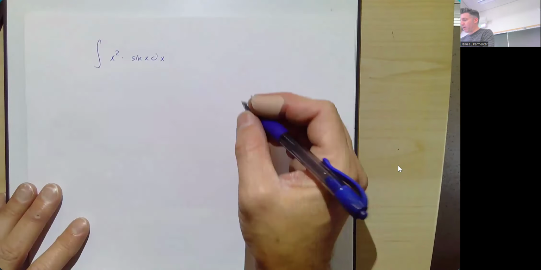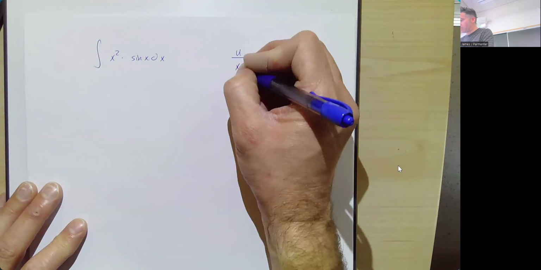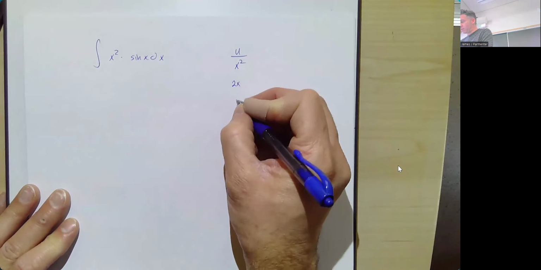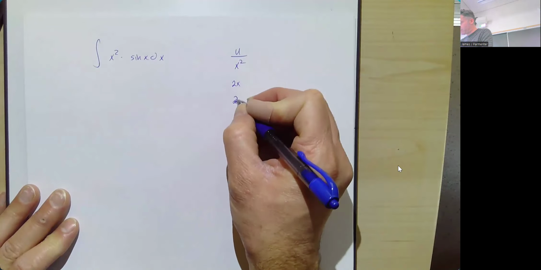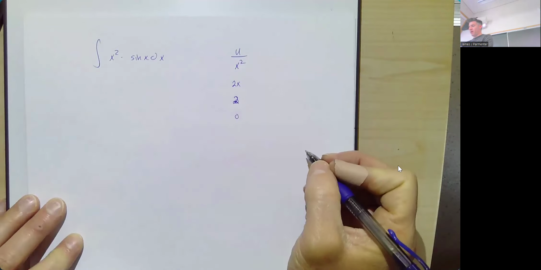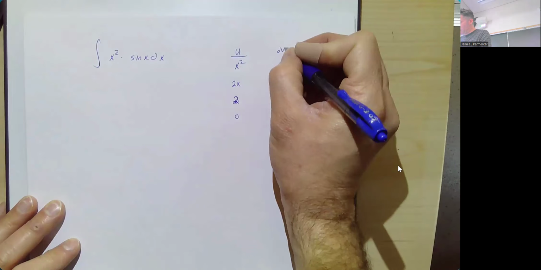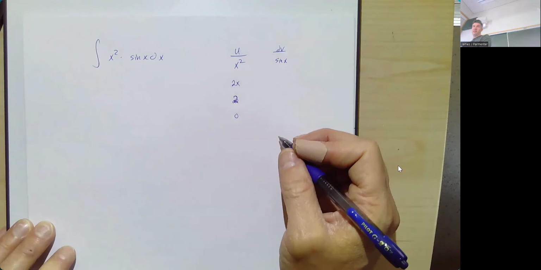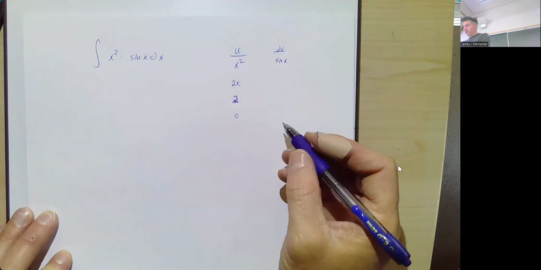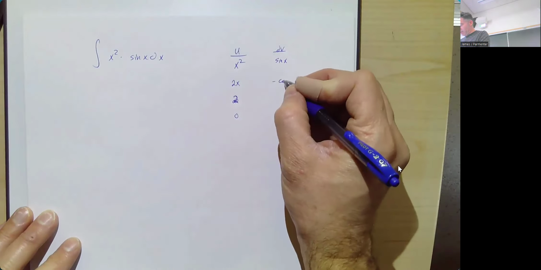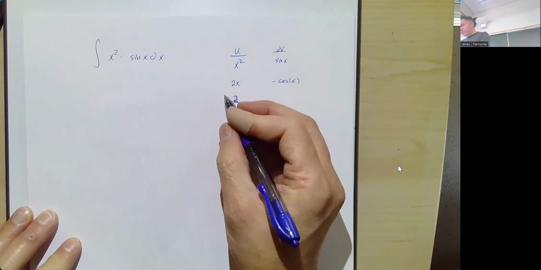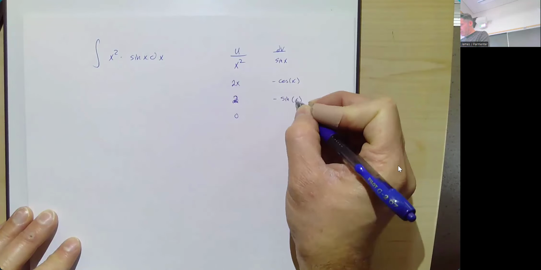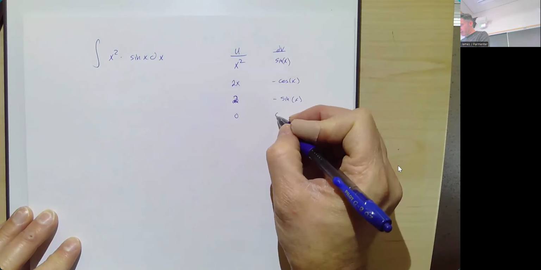We could have said, all right, u is going to be x squared, and then take all the derivatives of x squared until you get down to 0. And then our dv is sine of x, and we take all the antiderivatives until we've done the same number of entries. So the antiderivative of sine is negative cosine of x. The antiderivative of negative cosine is negative sine of x. And the antiderivative of negative sine is positive cosine of x.